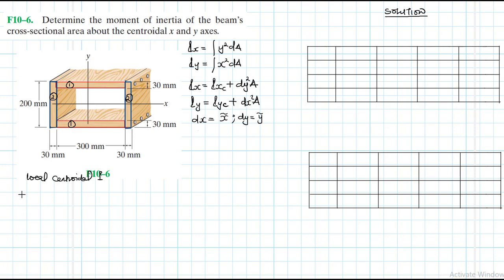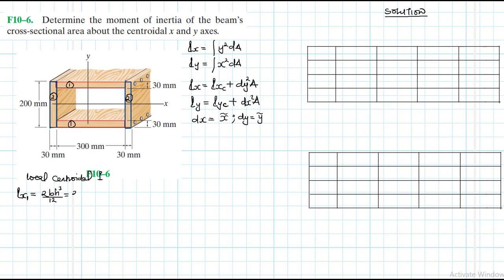Let's start with about the x-axis. For part 1, I'll say Ix1, and there are 2 of them because of symmetry, so 2 times bh cubed divided by 12.